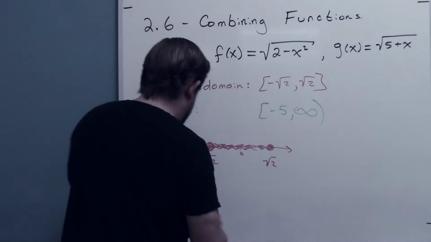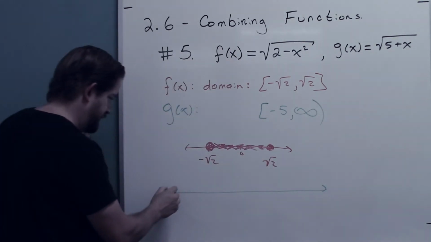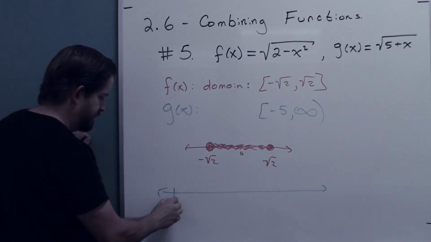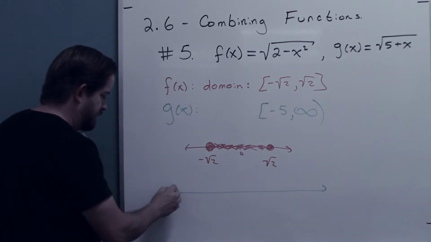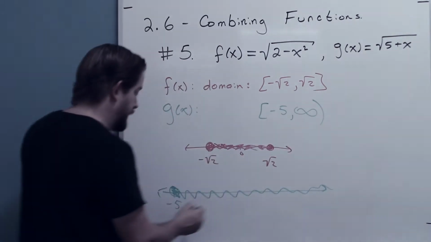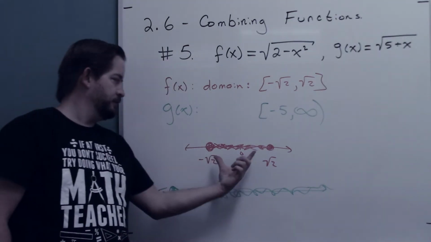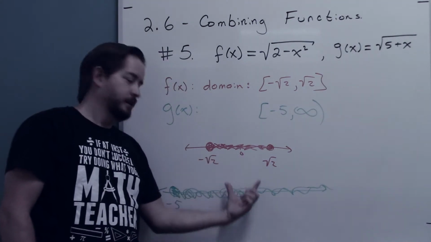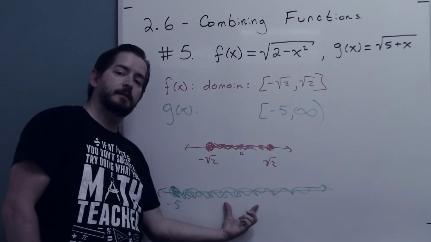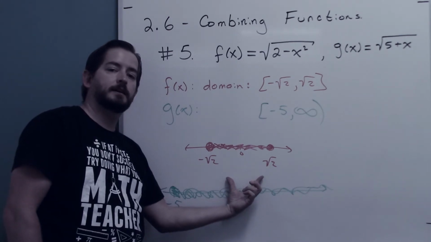And g of x is negative 5, which is to the left here, off to infinity. But again, I'm looking for the intersection of these two. And the intersection, well, all of these values in the red line are here on the green line. And that's my intersection, is whatever's here on the red line.